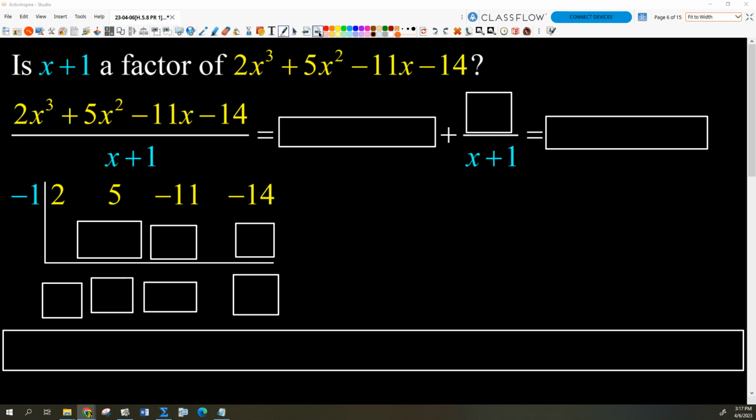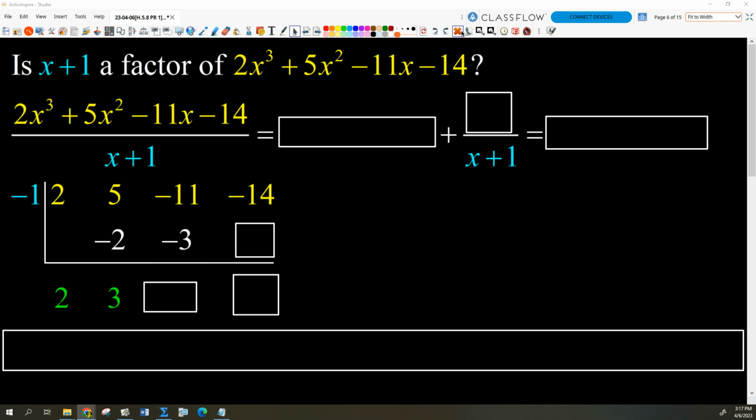Okay, so what would I do then? First thing I'm going to do is drop, right? Those are the coefficients in the top row. -1 is the 0 of the denominator, right? So if I drop the 2 down, I'm going to get 2 times -1 is -2. If I add, I get 3, right? 3 times -1 is -3.